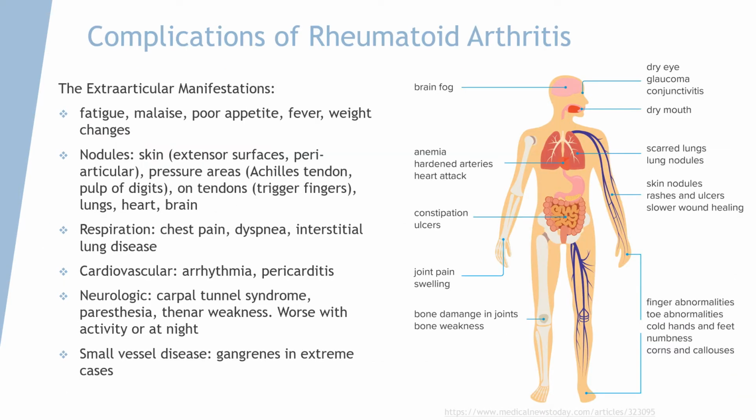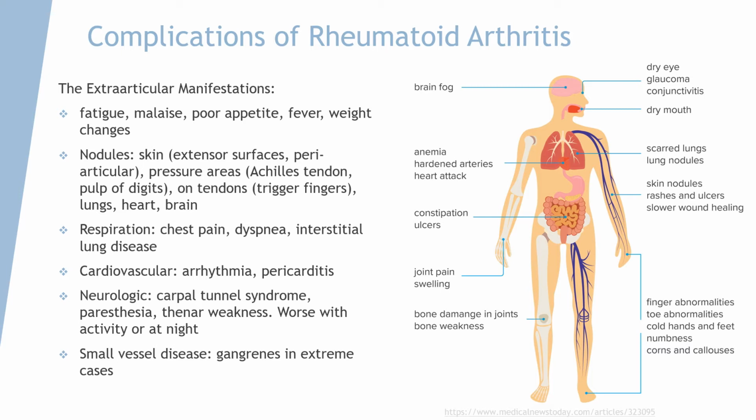So finally, here we are at the extra-articular manifestations of rheumatoid arthritis. What exactly are there? Before I delve into this, this slide does not mean that all patients with rheumatoid arthritis have all these symptoms.